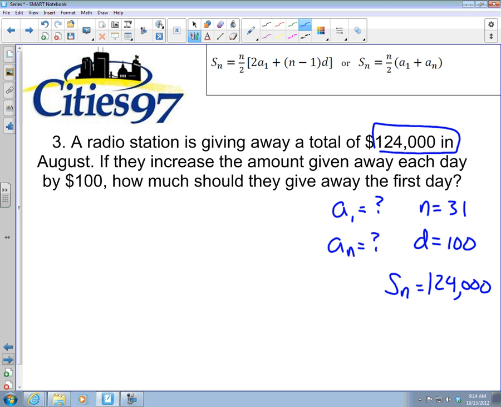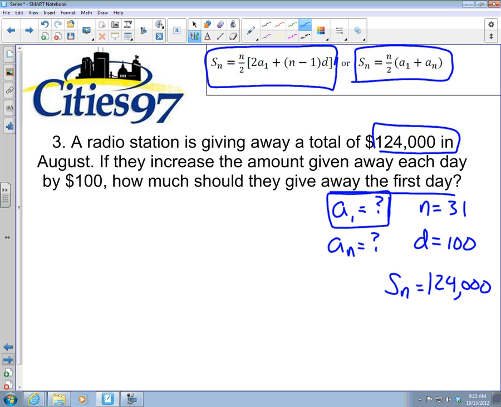So what I want you guys to do is this: increase each day. How much should they give away that first day? We're going to look for a sub 1 again, and I'll give you a hint. We don't know a sub 1 and a sub n, so I'm not going to use this formula right here. We're going to use this one again.